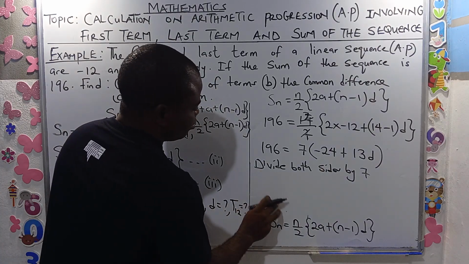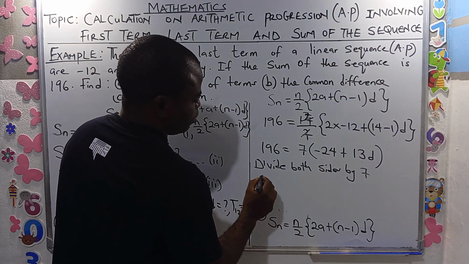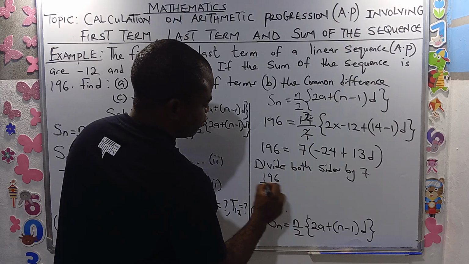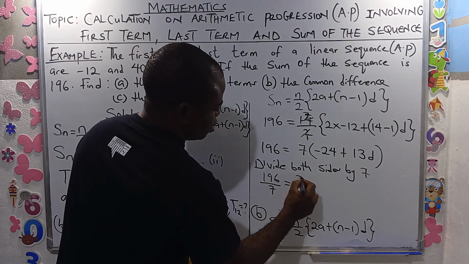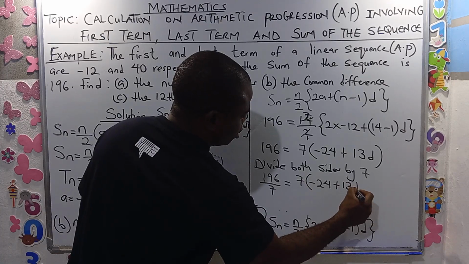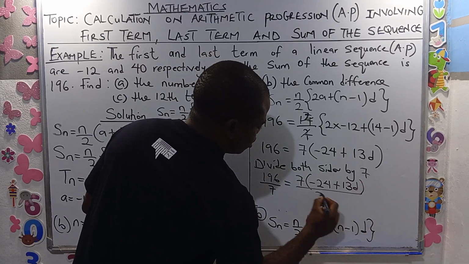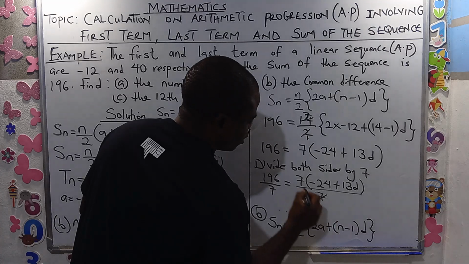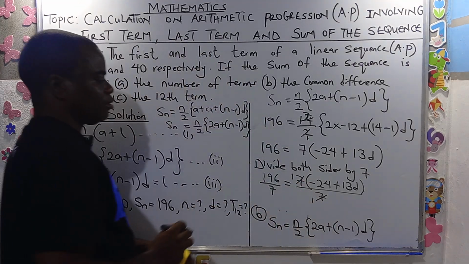Now it will be 196 divided by 7 equals 7 bracket minus 24 plus 13d divided by 7. 7 cancels 7.